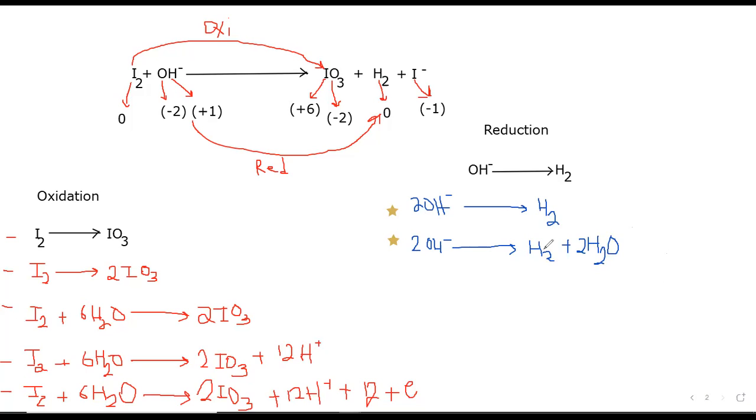Okay, then on the other end, we're going to add our hydrogens. So we have 2 there. Okay, like that. So we have got 2 atoms of hydrogen on one end.